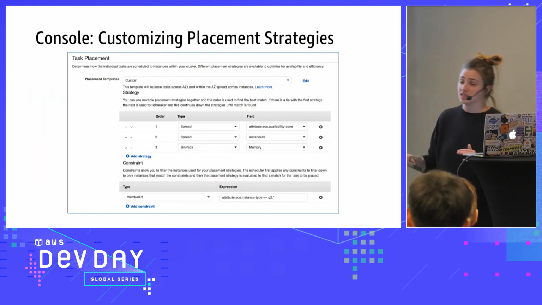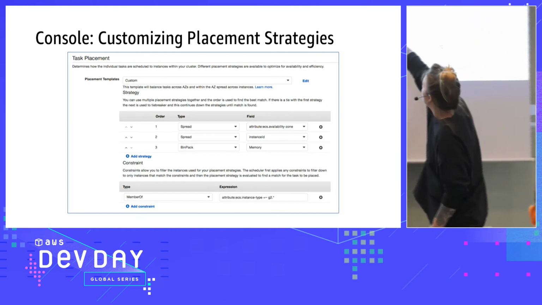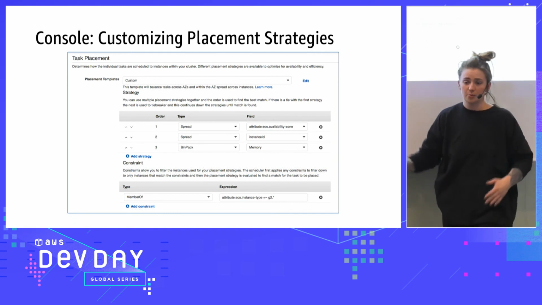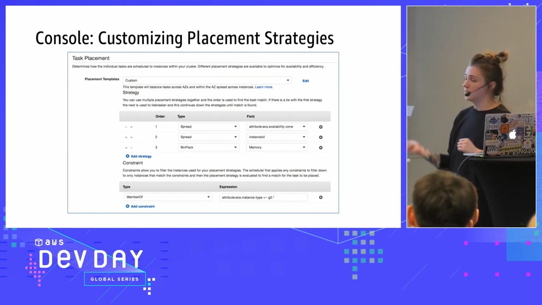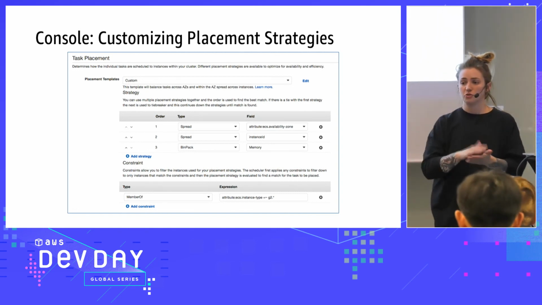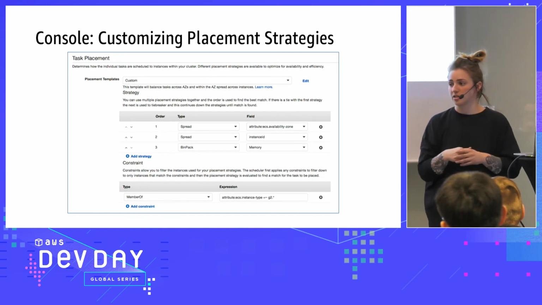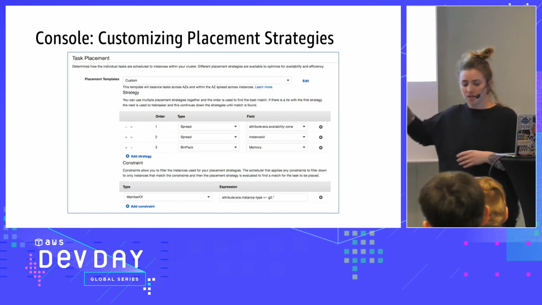If I wanted to customize it, I can use the helper to write my own, so I can choose the order that I want it to do. For this example, it's spreading on availability zone, then spreading between instances, and then bin packing according to memory. So use up all the available memory on one instance before going to the next instance. This will help you out pretty significantly. You can keep adding these.